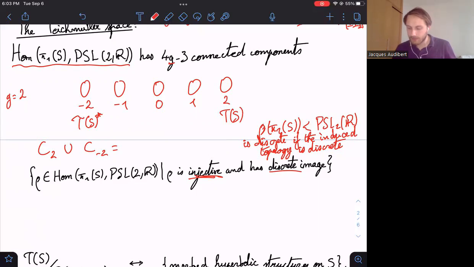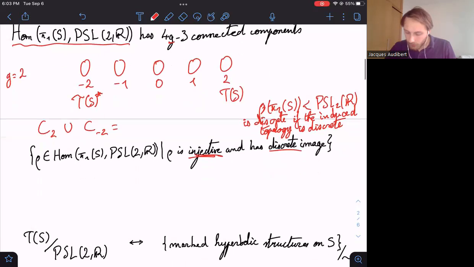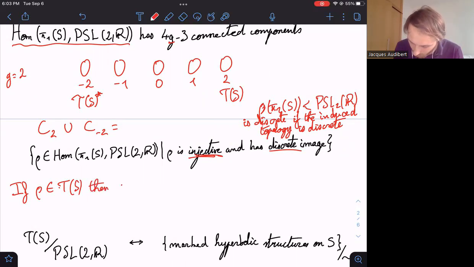But they have the same topology. And when I talk about the Teichmüller component, I talk about one of those two, no matter which one you choose. So to say it once again, if rho is in Teichmüller space, then rho is injective and has discrete image.